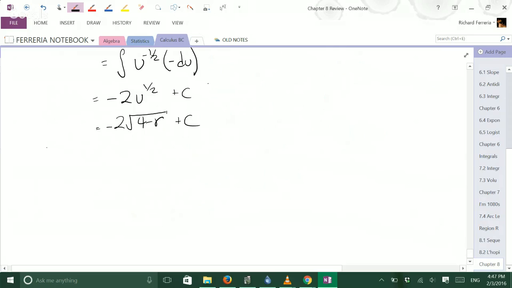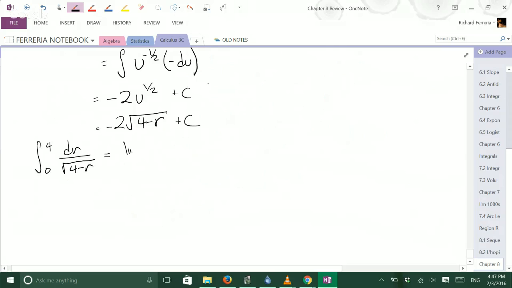Now that the antiderivative is in place, I can go ahead and do this. The integral from 0 to 4 of dr over root 4 minus r. We have to figure out which of these two limits is actually giving me the problem. Is it the 0 or is it the 4? It's definitely the 4, the upper limit.